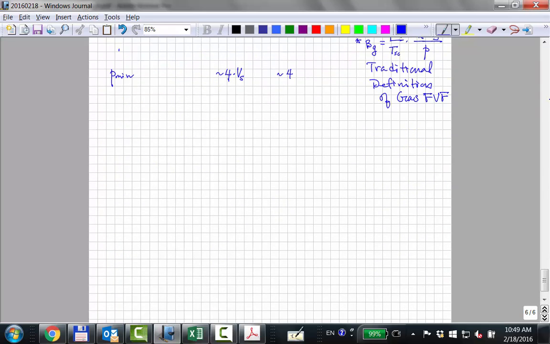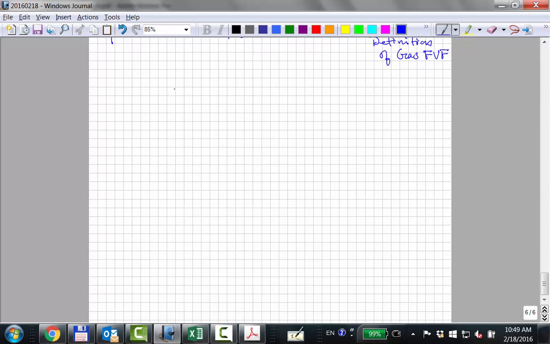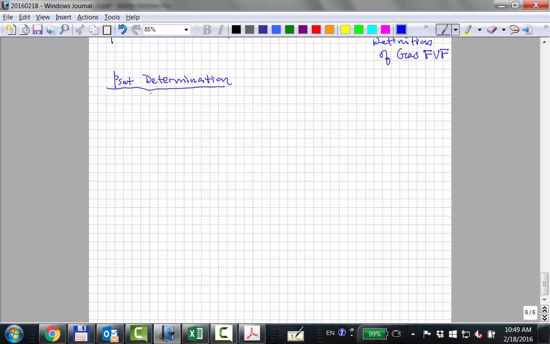Okay, so let's look at how the PSAT is determined. So basically what they do is they use a graphical plot of VO versus pressure. Okay? In both cases, for oils and gases.